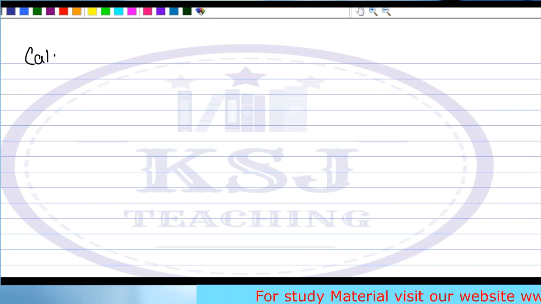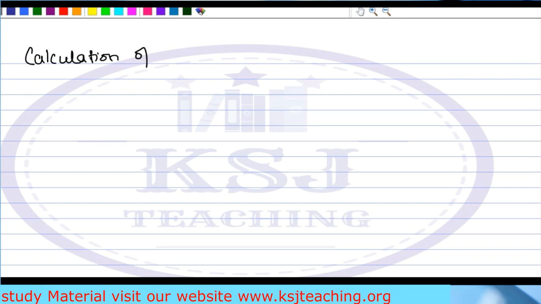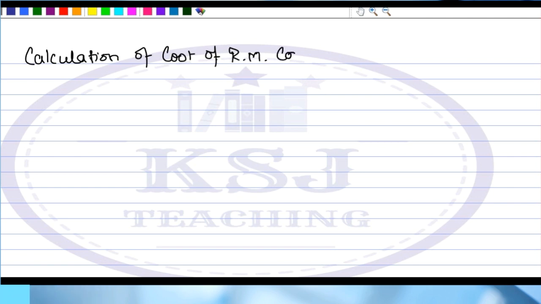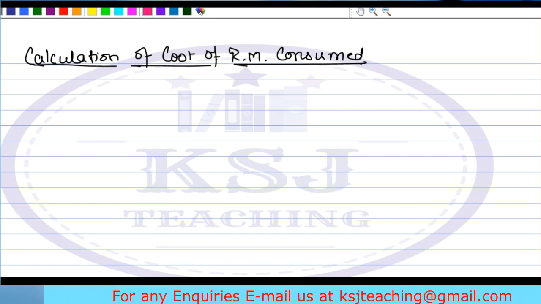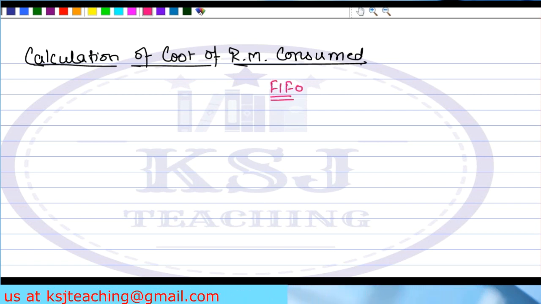Calculation of cost of raw material consumed. Now it is again to be calculated under all the three methods, because the value of closing stock is different under each method, so your value will be different. So we have to calculate under FIFO method, LIFO method, and weighted average method.